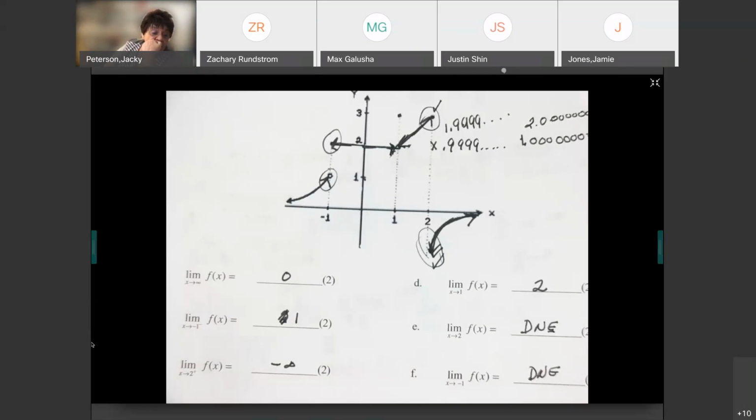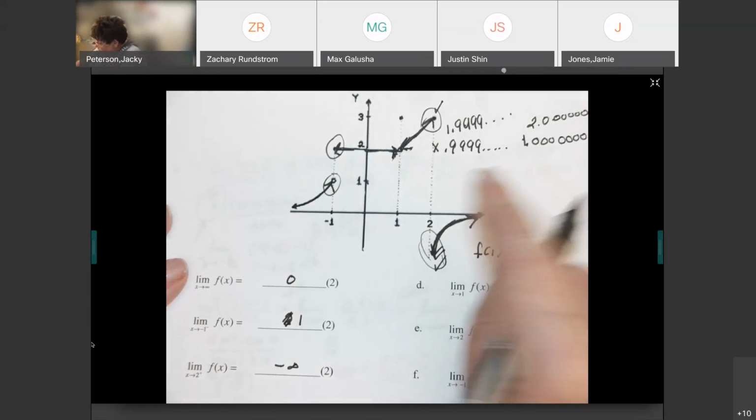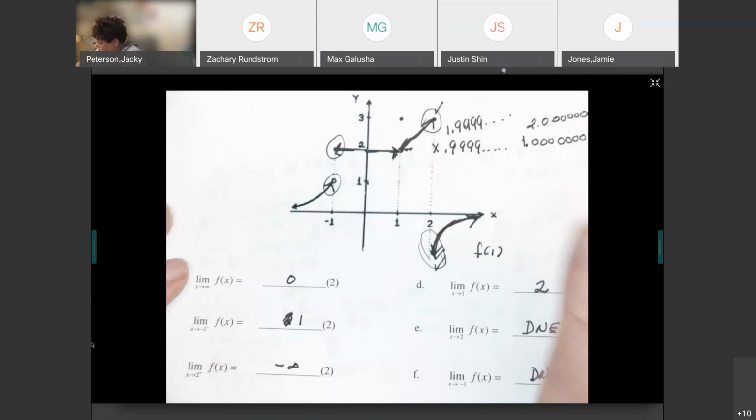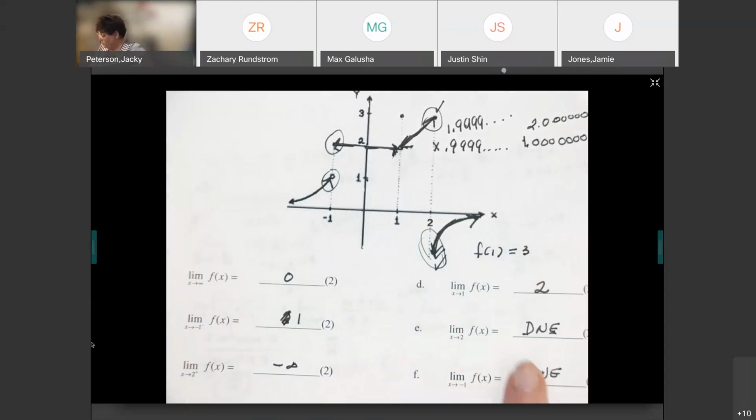The colored dot is the answer for f of 1. So if I asked you what is f of 1, you'd look for the colored in dot. That was 3. But the limit itself is 2.